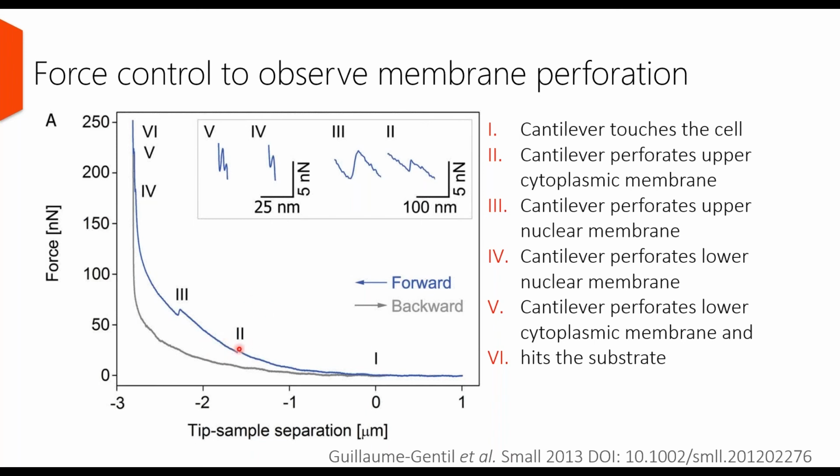At position 2, you can see where the cantilever perforates the upper cytoplasmic membrane. At position 3, it perforates the upper nuclear membrane, and so on, all the way through until you reach the substrate at position 6. At each of these, just using the force feedback that you get, you can determine where you want to inject the material. If you want to inject into the nucleus, obviously you need to be inside the nuclear membrane, so you need to be between position 3 and 4 in the force curve.